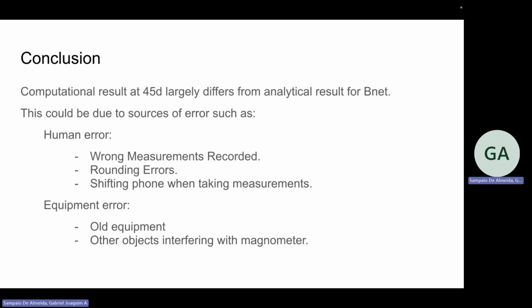We were moving phones using our hands, so this could shift the phones in a way we didn't want. There could also be equipment error, as the equipment was old, so it might not have been calibrated before. And also other objects in the lab could have been interfering with the magnetometer.